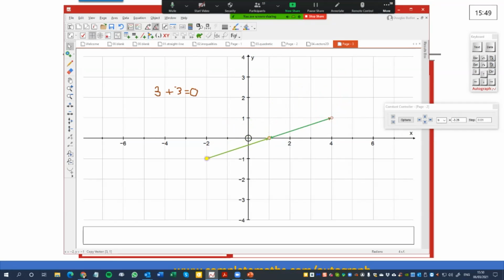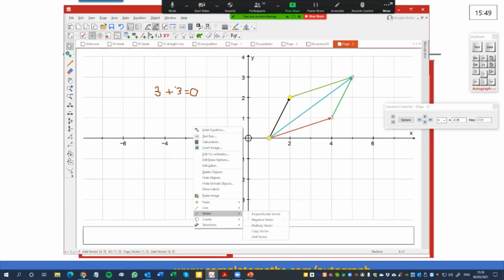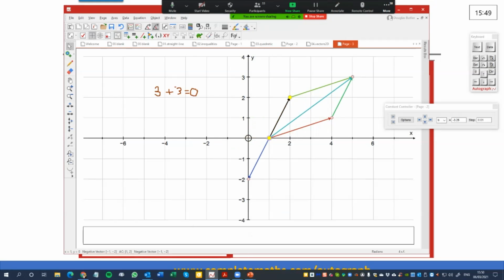So the subtraction is simply going to be the same as this one, but going in the opposite direction. So you did minus it and minus it here. So if we take this vector here and this point here and right click vector to a negative vector, now if we add this one to this one and put it here, if we add them, we are effectively subtracting them.